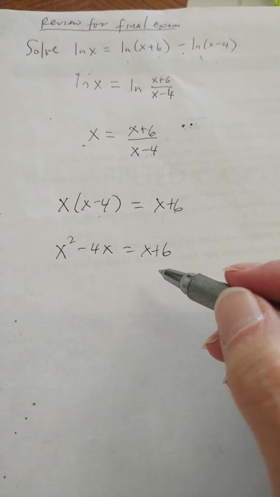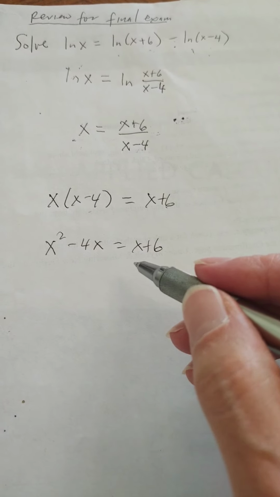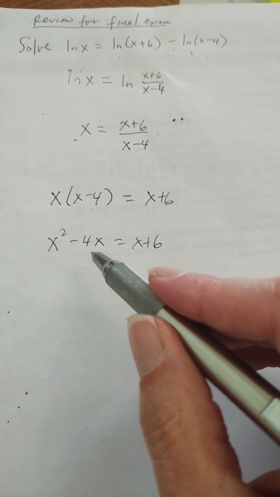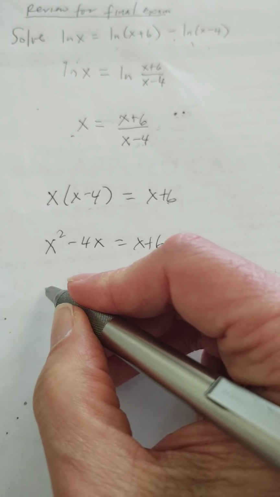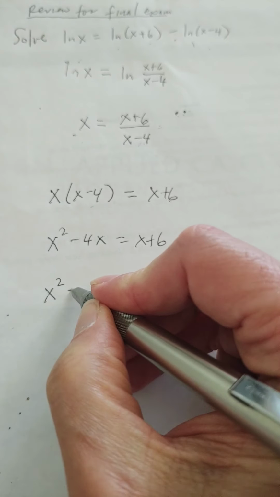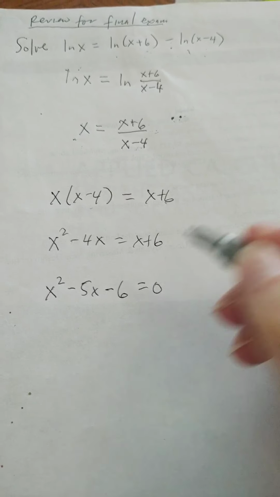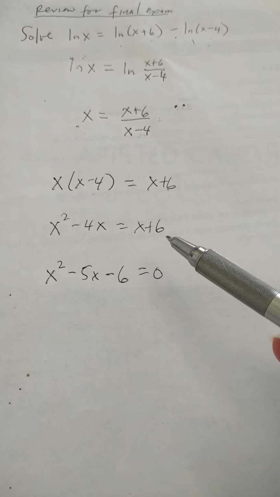I'm going to subtract x from each side, and this becomes x squared minus 5x. And then when I subtract 6, I'm going to have 0 on the side. So I'm going to write x squared minus 5x minus 6 equals 0. That's what happens when I subtract x and 6 from each side.